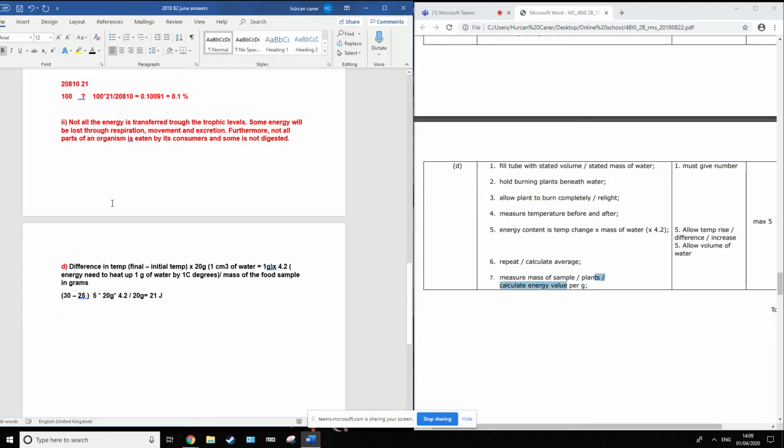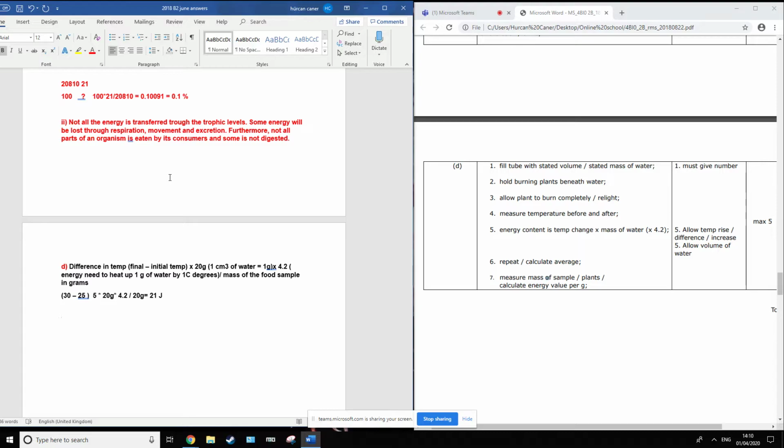So by knowing all these, you should be able to write an answer to this question. Is the 20 multiplied by 20 grams? 20 grams is there because you use 20 centimeter cubes of water.